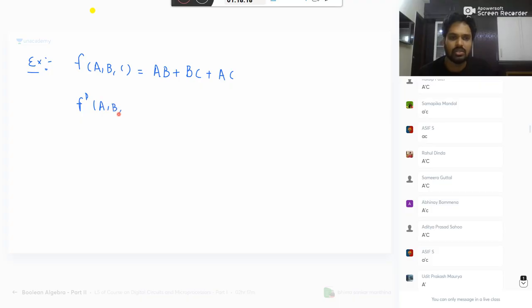What is the dual of ABC here? (A plus B) into (B plus C) into (A plus C). What is the answer, my dear friends? Tell me. Expand this expression. B is common here. (B plus AC) into (A plus C).